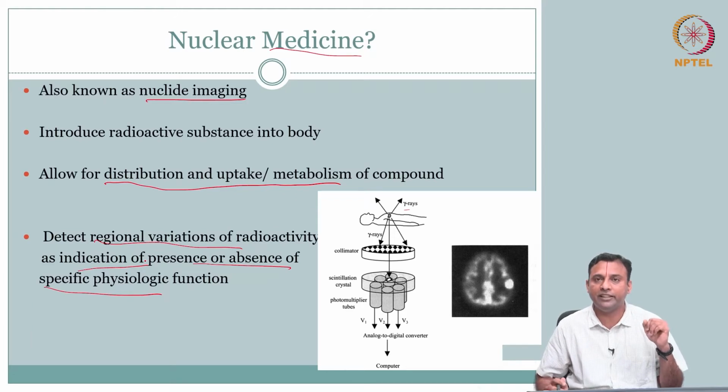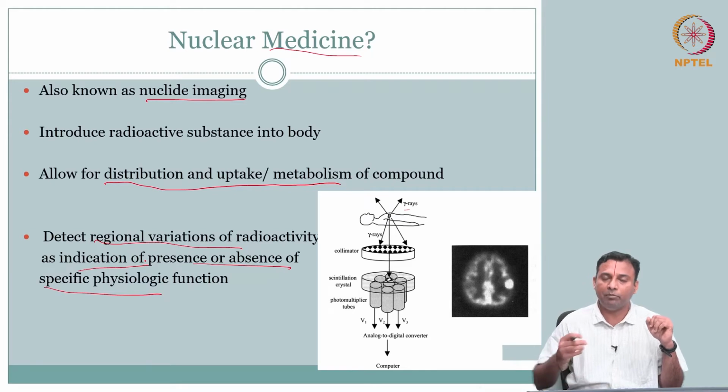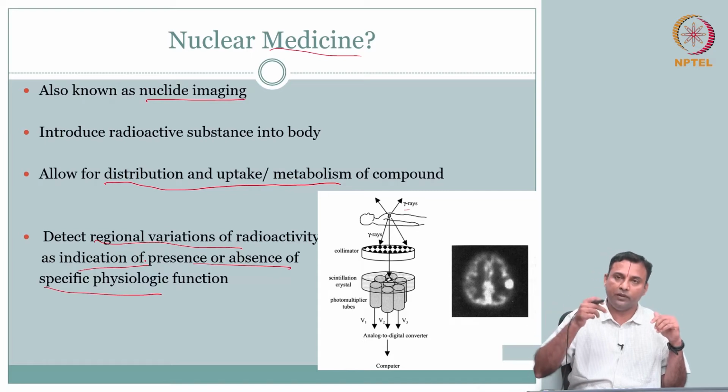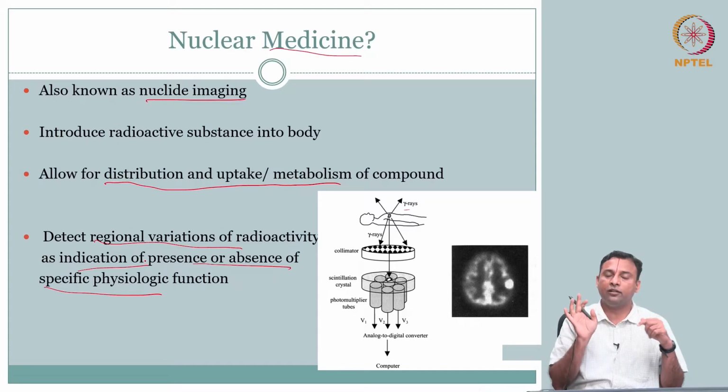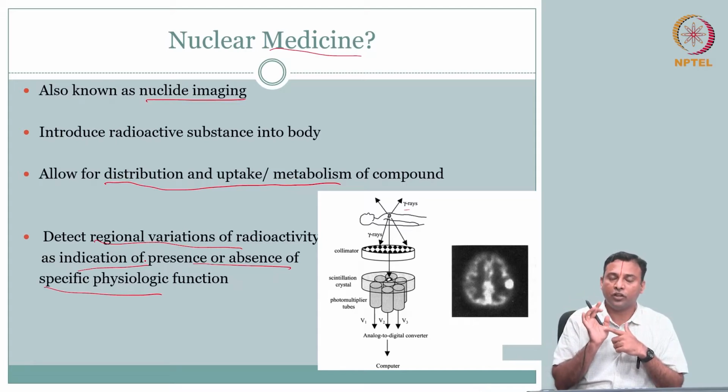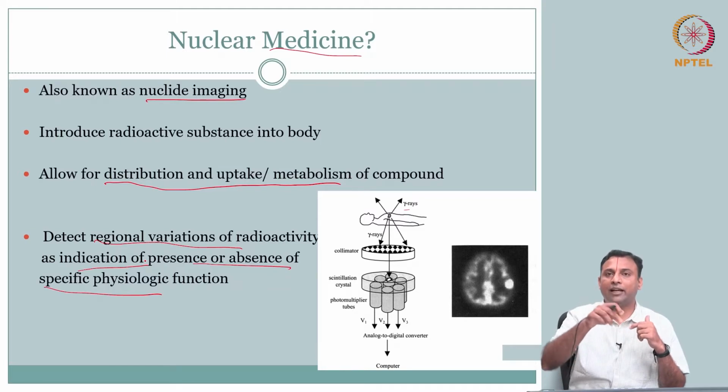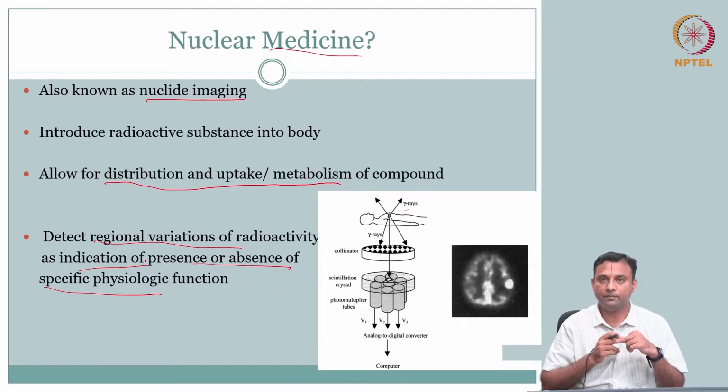So the key message here is, in X-ray, the X-ray came out on the other side and we detected it, and depending on the attenuation, we could tell what it is, depending on the number of photons that are received on the detector. We used to tell what is the attenuation along the path. So it was a distribution of mu in X-ray energy.